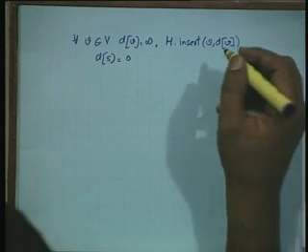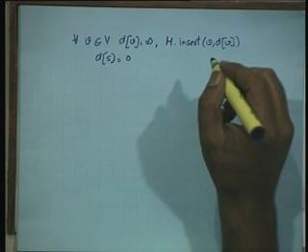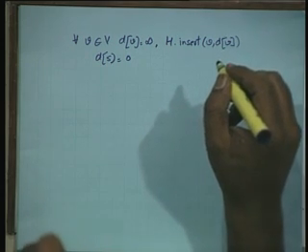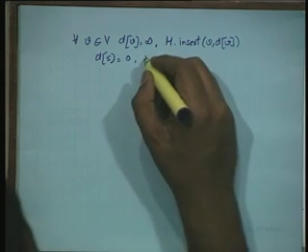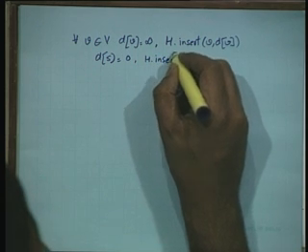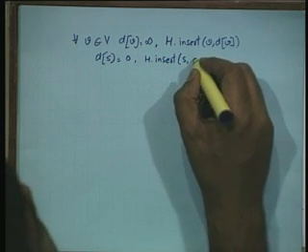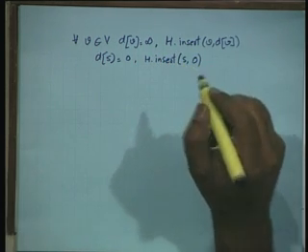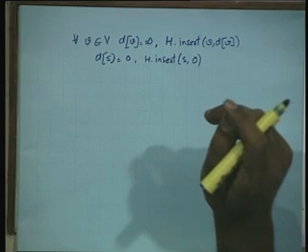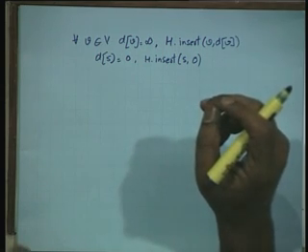I've inserted the node v with priority d of v, and this one also I'm going to insert: H.insert(s, 0).